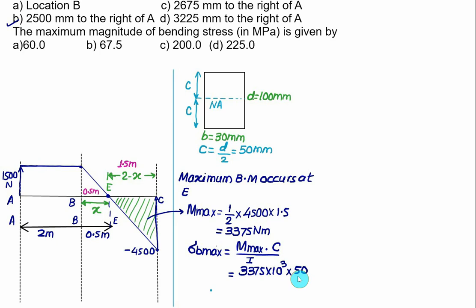Whole thing is divided by BD cube by 12. This time the base is equal to 30, depth is equal to 100. So we have cube of 100 divided by 12, 12 will shift to the numerator. So maximum bending stress here will come out to be 67.5 megapascal. Choice B is correct. The maximum magnitude of the bending stress is 67.5 megapascal.